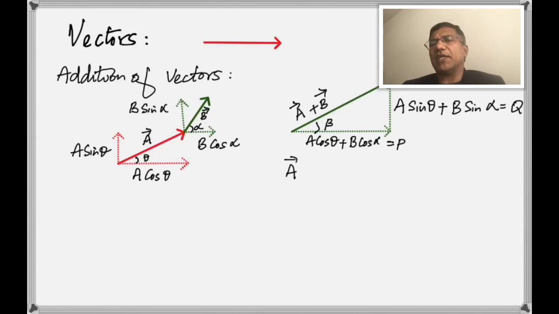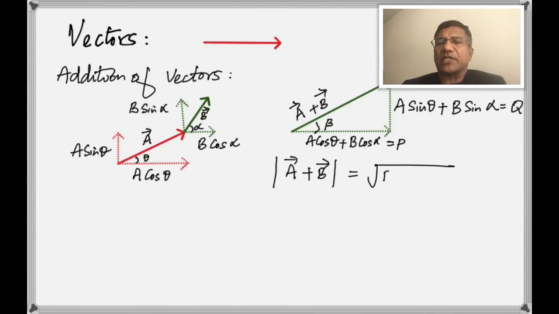Let me call them p and q. So to find the magnitude of the vector or the resultant, which is the absolute value, you just square both p and q, add them, take the square root. And to find the direction of a plus b with the positive x-axis, you can see that the angle is beta.